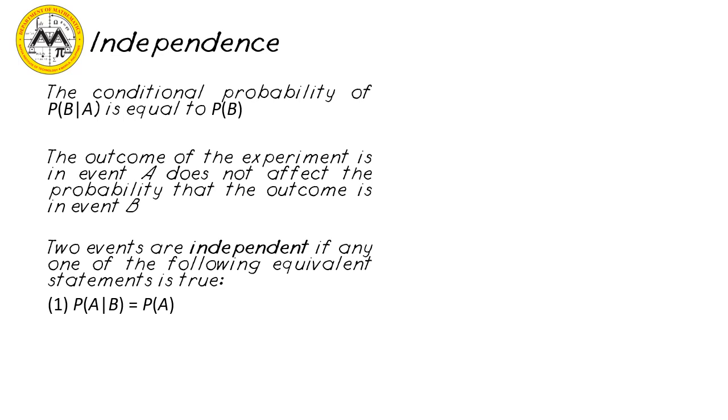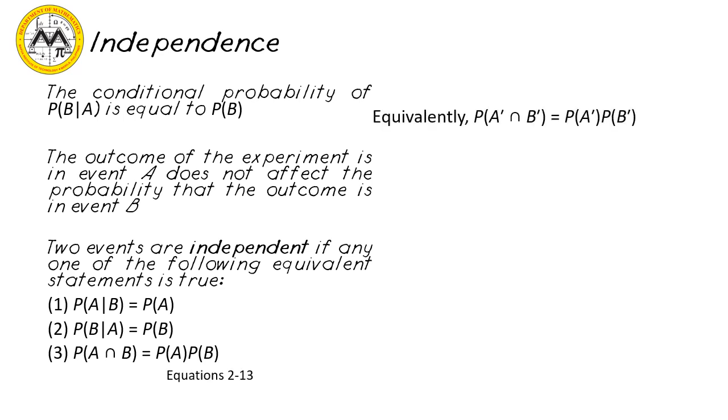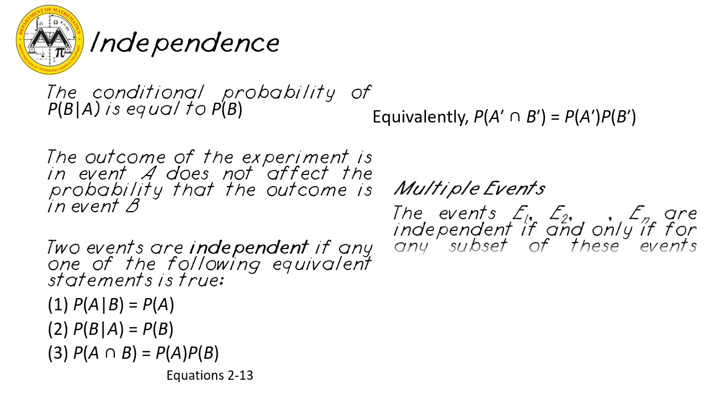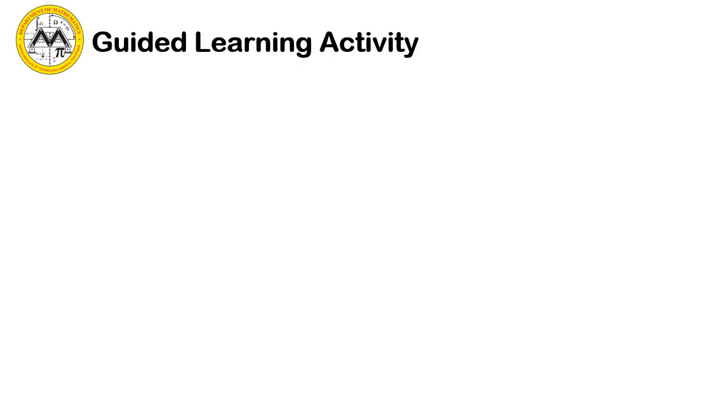The probability of A given B is P of A. The probability of B given A is P of B. And thus, for independent events, the probability of A intersection B is equal to P of A times P of B. Equivalently, for complements, the probability of A prime intersection B prime is equal to P of A prime times the probability of B prime. So for multiple events, it's just the product of their individual probabilities.